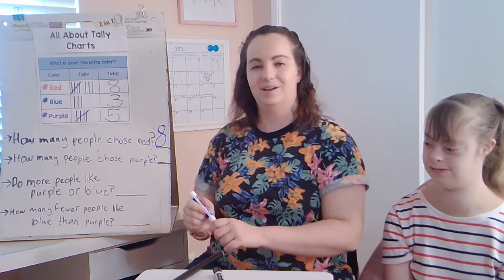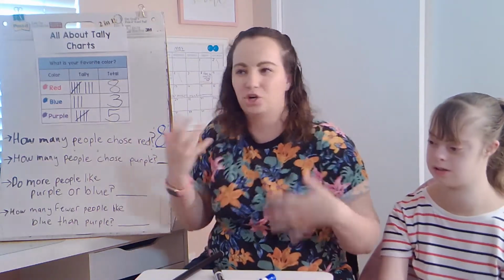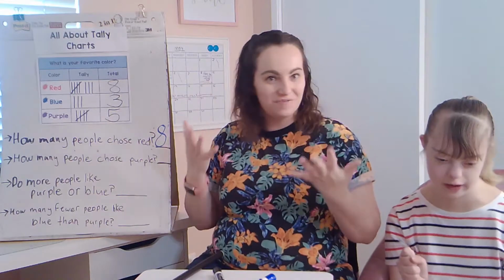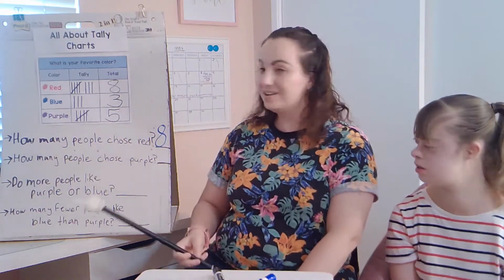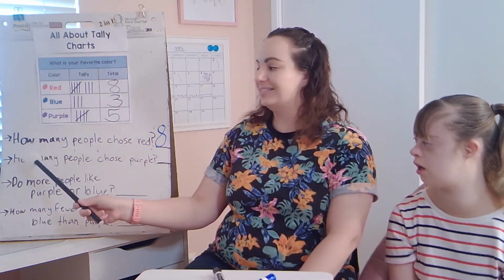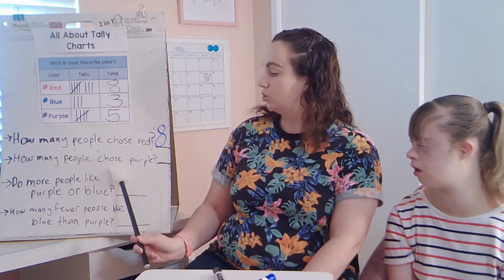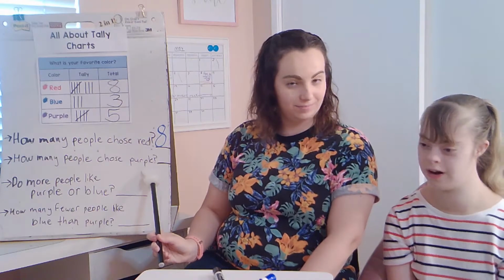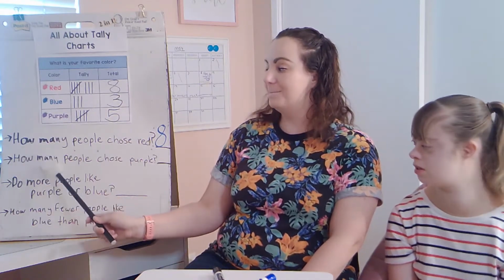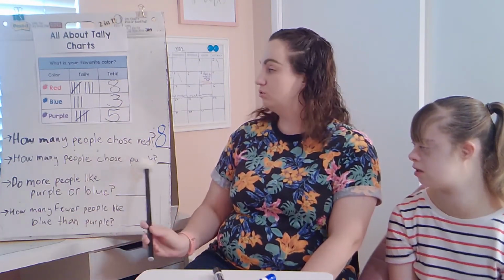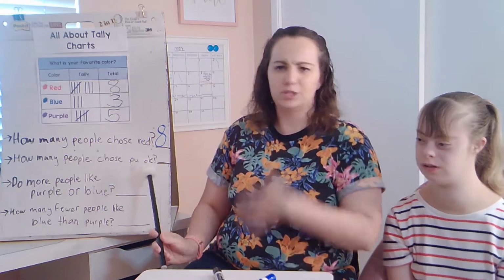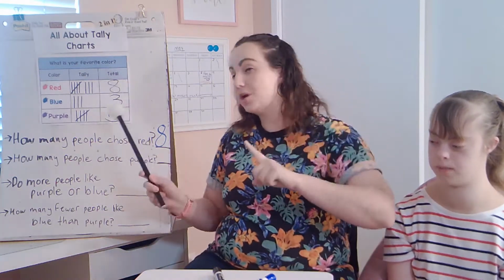Awesome. See, and I love these charts and graphs. It's reading them. It's so fun. Okay, let's look at the next question. It says, how many people chose purple? Again, how many people chose purple? Do we just make up a number, or do we look at the chart?